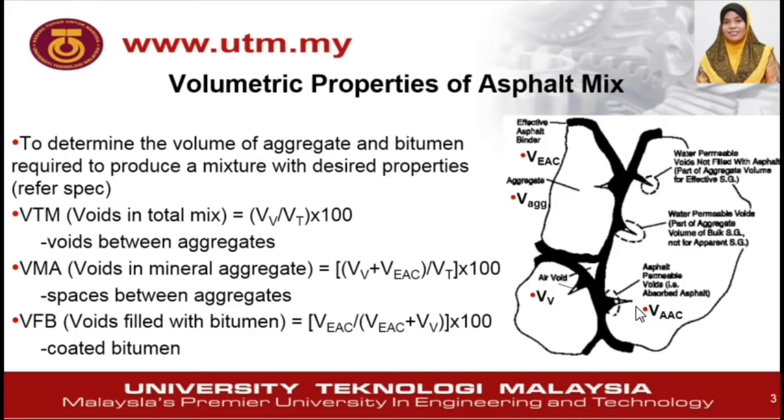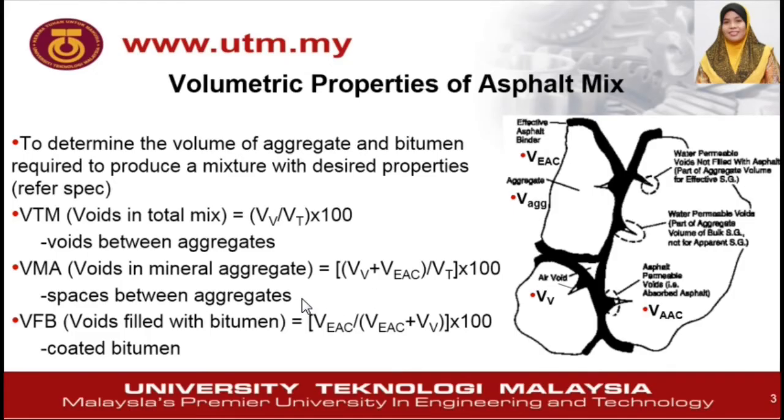So, looking at the formula of VTM, which is VV, volume of voids, divided by volume of total. And then for VMA, the formula is VV, volume of voids, plus volume of effective asphalt content, VEAC, divided by volume of total, which refers to the spaces between aggregates.